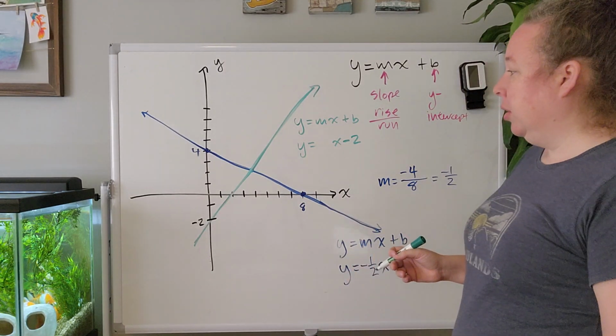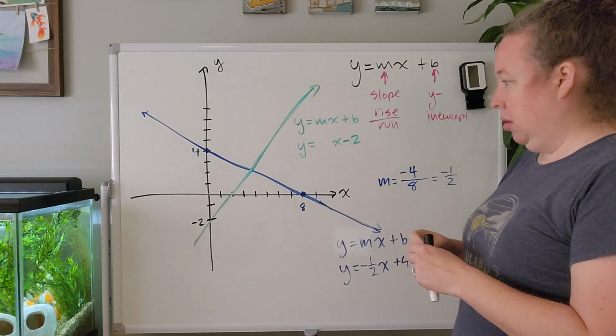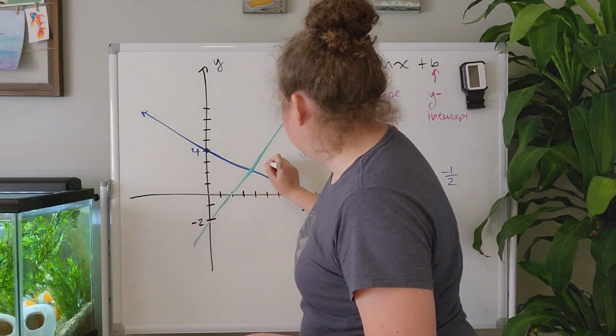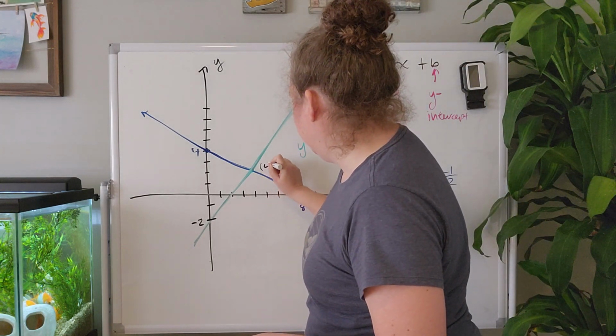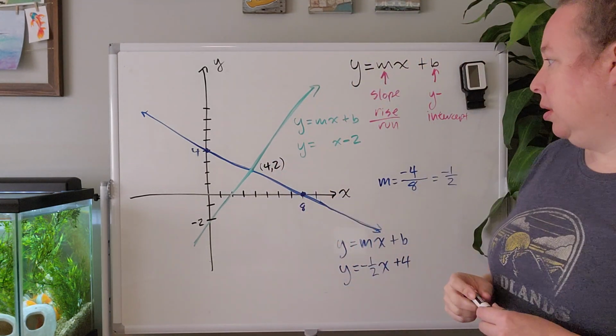Now again, we want to find the slope. Here, these lines are crossing at 4, 2.